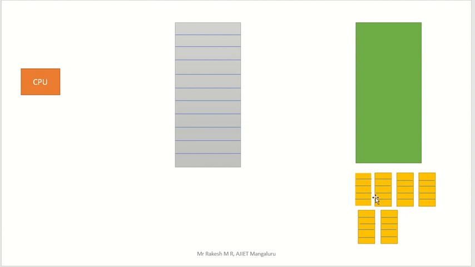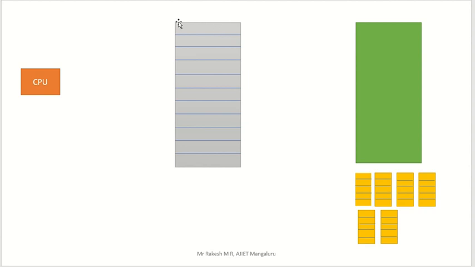If you go to another process, there also we have some other pages. In the same manner, the entire memory is divided into small blocks and each block is called a frame.